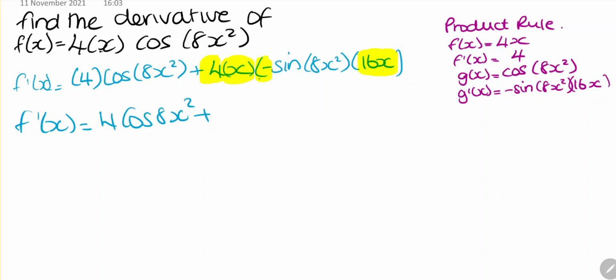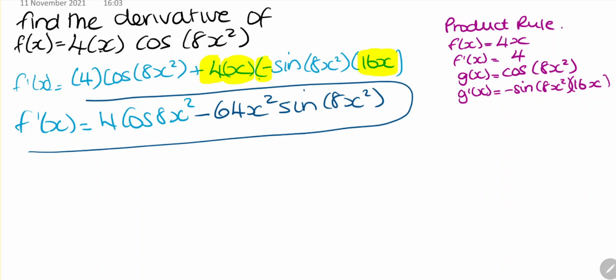So instead of positive here, we'll make this negative. So negative 16 multiplied by 4 is 64. x multiplied by x is x squared, and then we have sine of 8x squared. So here's our derivative.